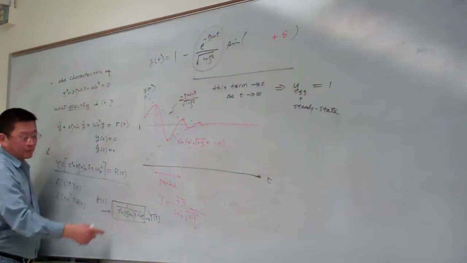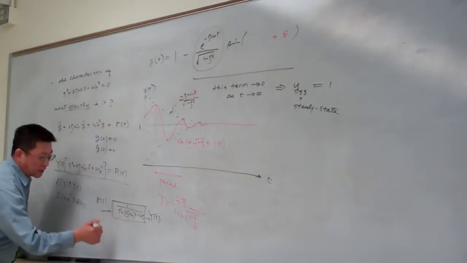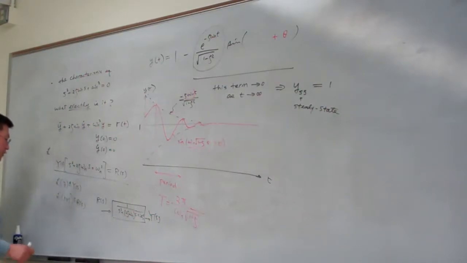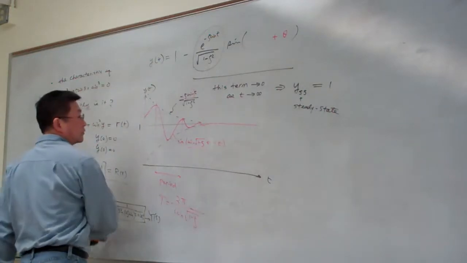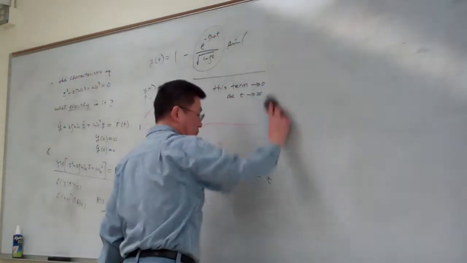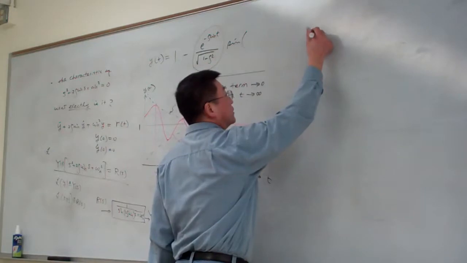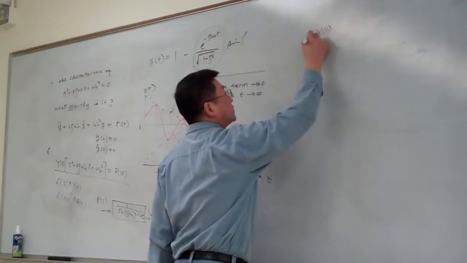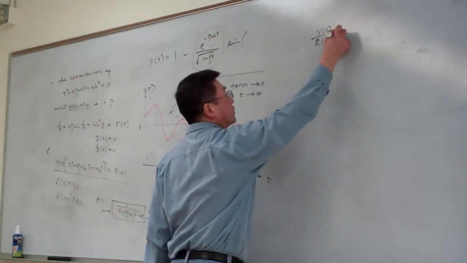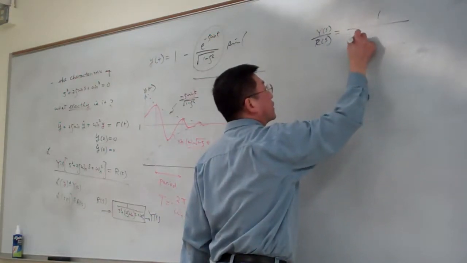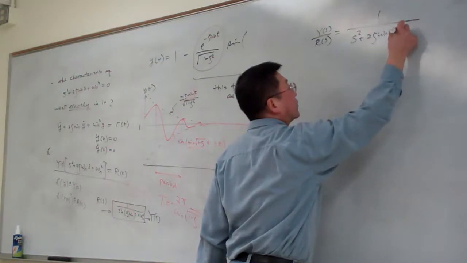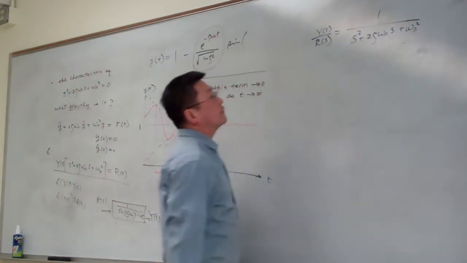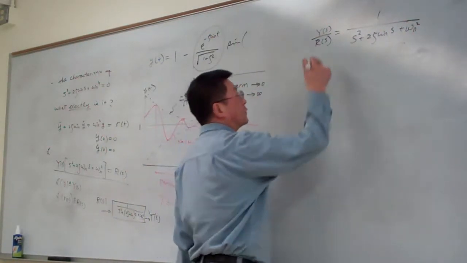This is called the transfer function. Continuing, Y(s) over R(s) equals 1 over s squared plus 2 zeta omega n s plus omega n squared. So this is called the transfer function.